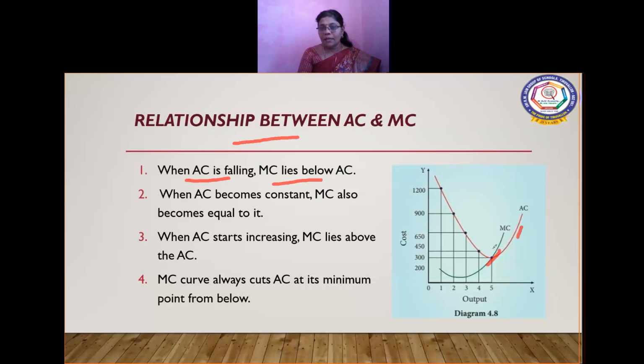When AC becomes constant, MC becomes equal to it. When AC starts increasing, MC lies above the AC. So the MC curve always cuts AC at its minimum point from below. This is the intersection point of the curves AC and MC.